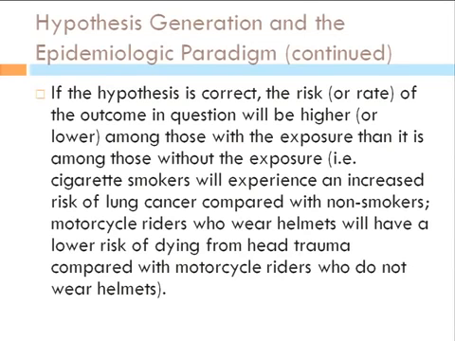The same thing with motorcycle helmets: motorcycle riders who wear helmets will have a lower risk of dying from head trauma compared with riders who do not wear helmets. So basically, we make a hypothesis, and then we test it, designing a study to see if our hypothesis holds up.